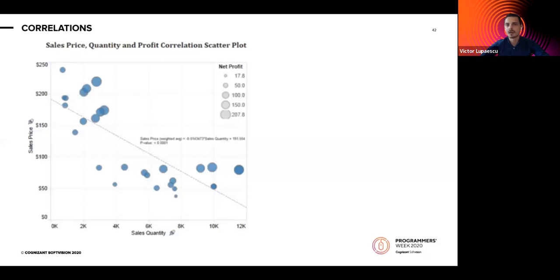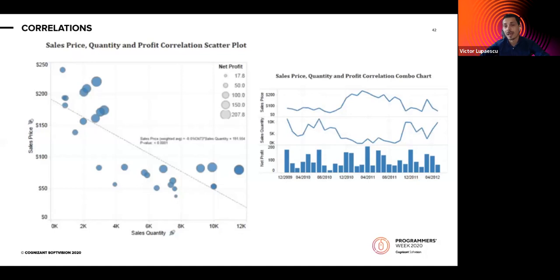This type of chart works when you don't have a time dimension. If you have a time dimension, you can't use it. And if you have a time dimension, you can choose to represent it using other types of charts or a combination of those. In this example, I've used the line charts and bar charts for it.